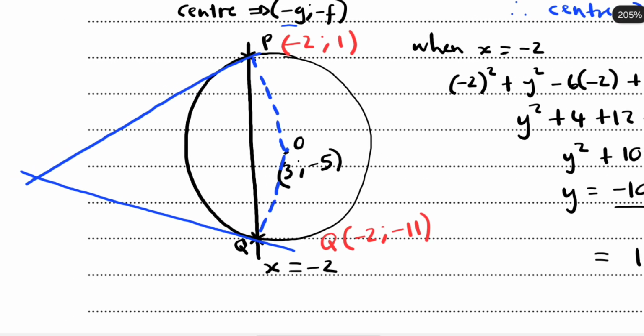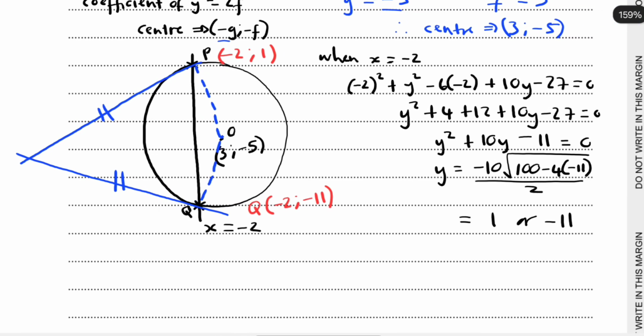So with this now we know that if two tangents from the same x value meet, they are of the same length, like that.